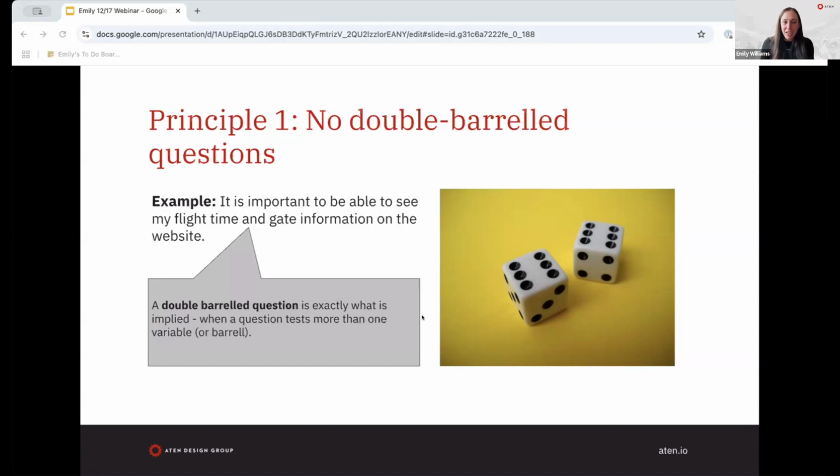What we've done here is ask respondents to give one response to two different things. Now, we can definitely assume that these things are of equal importance, but we don't want to make too many assumptions because we're not there with the user or the respondent as they're taking the survey. So double-barreled questions you want to avoid at all costs.